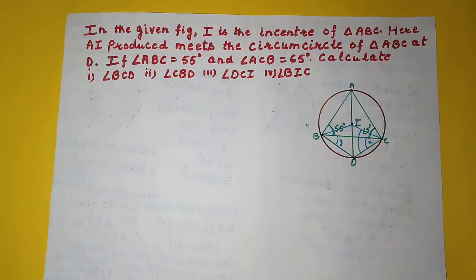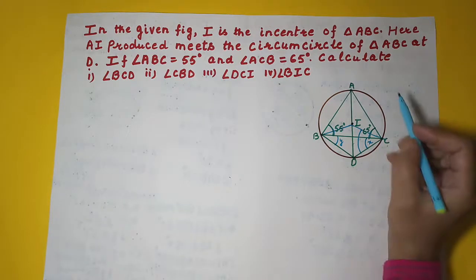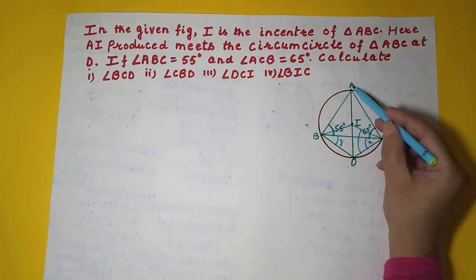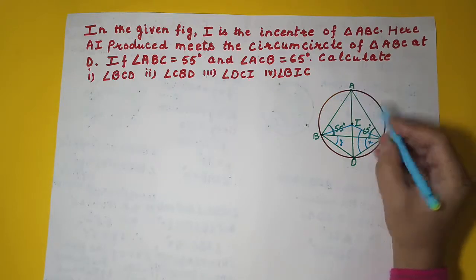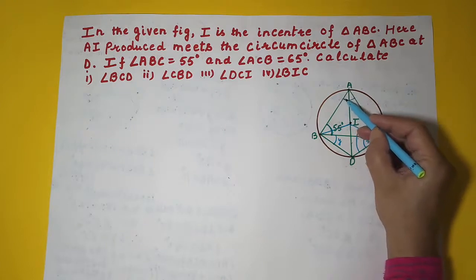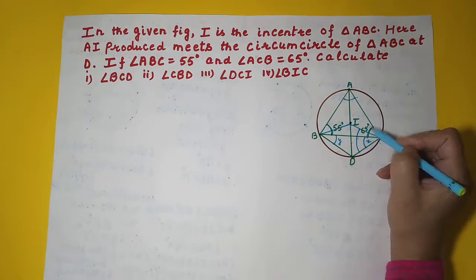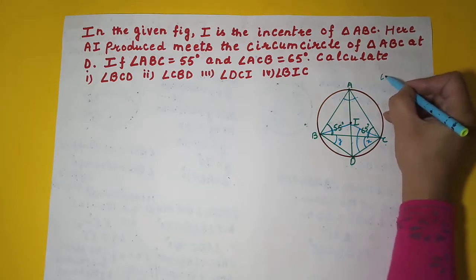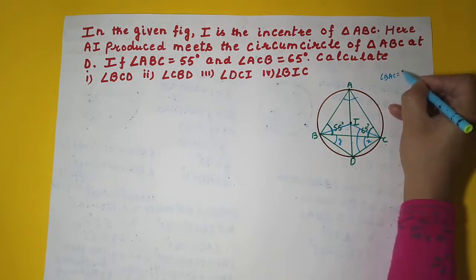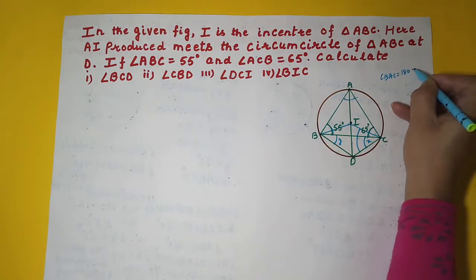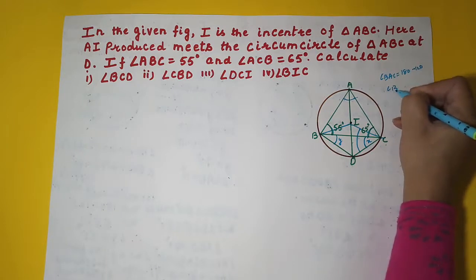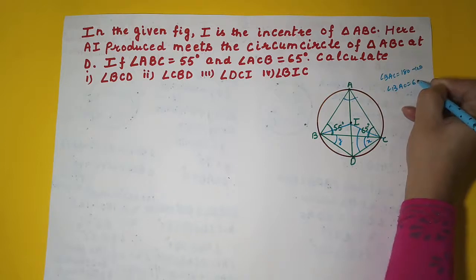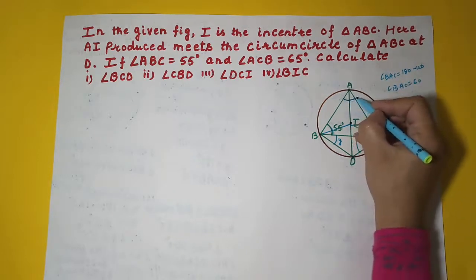Now, how will we do it? If we take this triangle ABC, we can calculate this angle. How? 55 plus 65 plus this angle equals 180. So we get angle BAC as 180 minus 120, so angle BAC is 60.